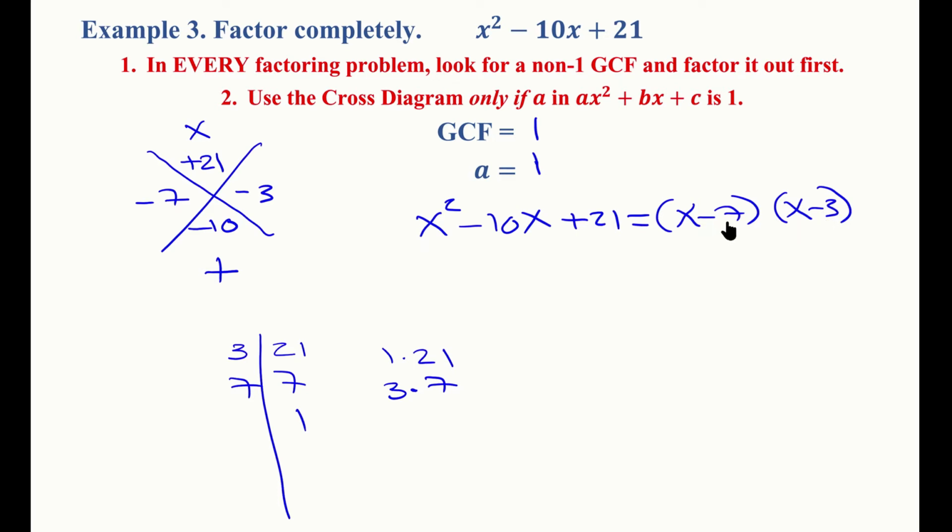Last times last, pay attention to the signs, is going to be last. Yes, that works. Negative 7 times negative 3 is positive 21. The inner product right here is negative 7x, and the outer product is negative 3x, and they combine to give us negative 10x, which is the middle term.